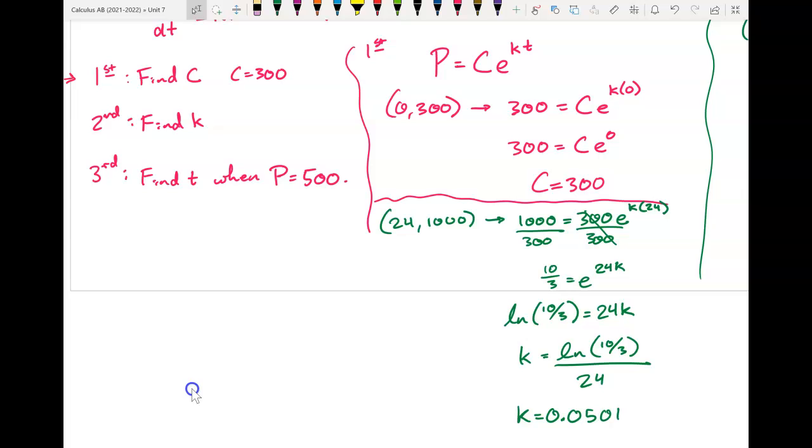Or I think I saw somebody had like 0.049 something. That's pretty close too. So that just depends on how much you're rounding. Yes, they take into account a margin of error.